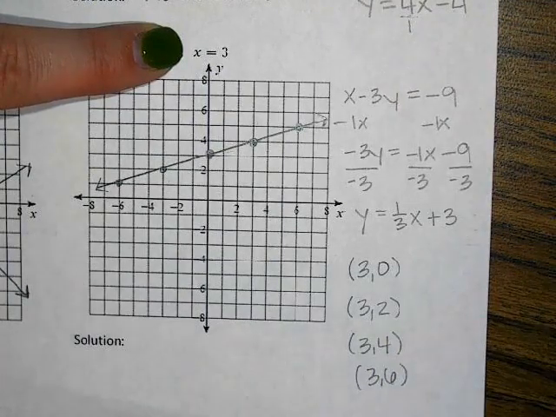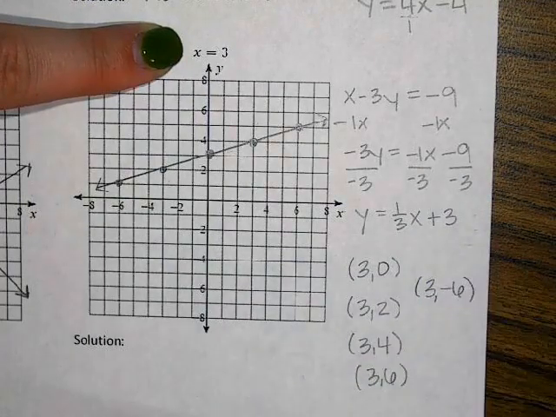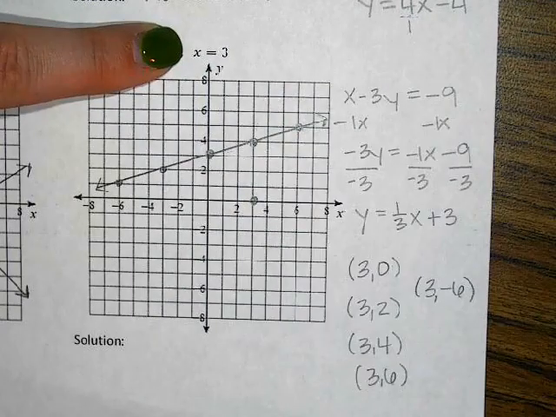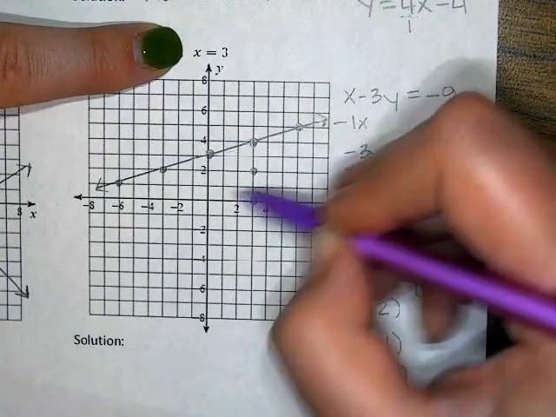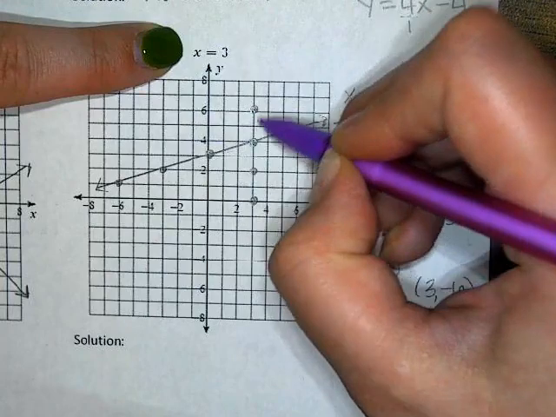3, -6. Okay, let's graph these points. So we got 3, 0. We got 3, 2. We got 3, 4. 3, 6. 3, -6. Okay.